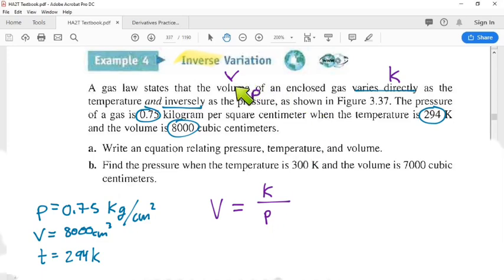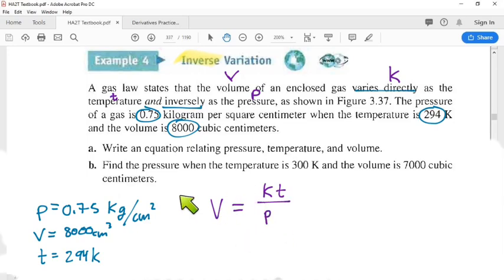But because this problem is mean, it also throws in directly as temperature. There's another variable right there. That means you're multiplying K by T. So it varies directly as temperature and inversely as pressure.